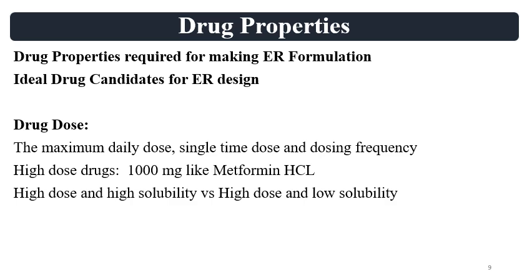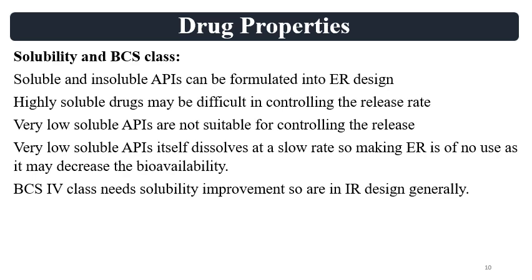So this is the limitation and requirement of dose. There is no such ideal dose, but the dose should be less than 1000 mg at least, so that the extended release formulation can be easy to formulate.